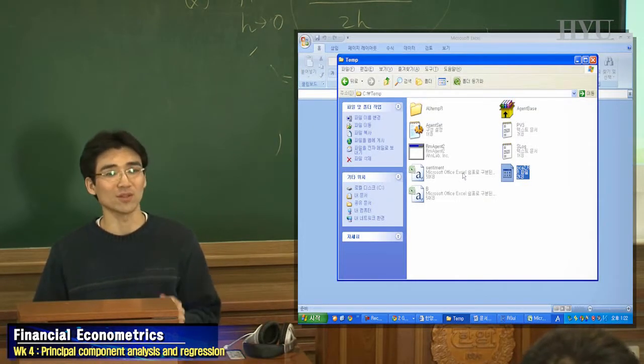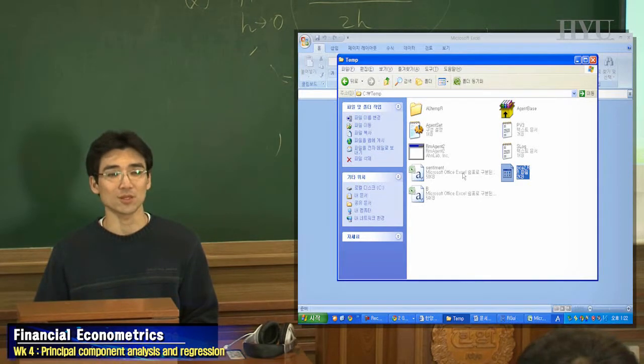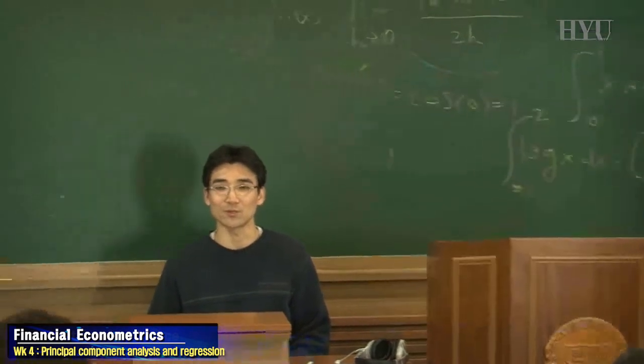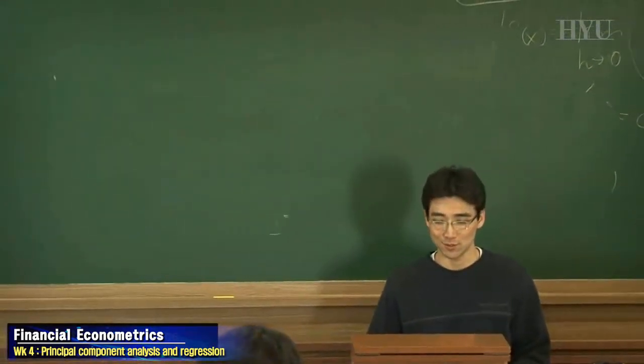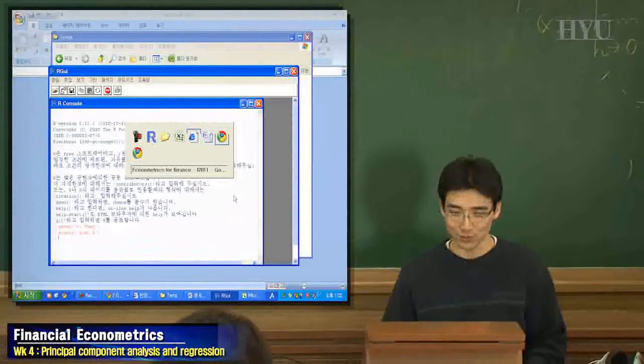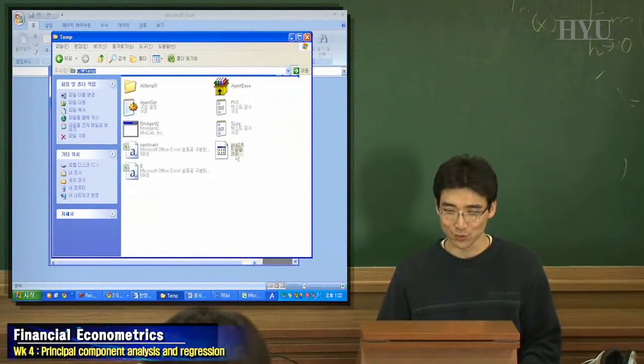So I tried different syntax, different functions, different commands for principal component analysis, and I found a more stable routine, which is prcomp. So actually I suggest you use prcomp from now on. Anyway, I tried both of them, and I'll show you my code.